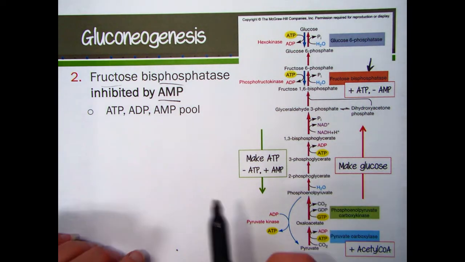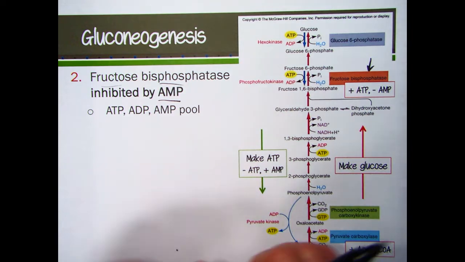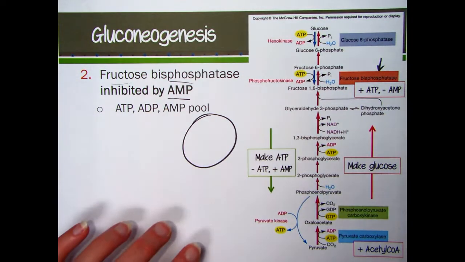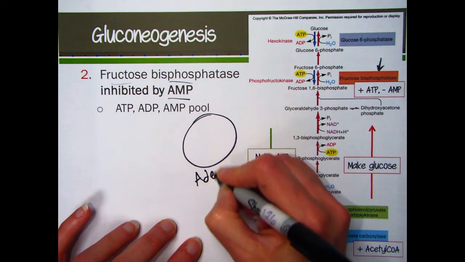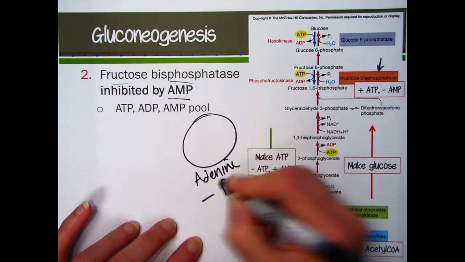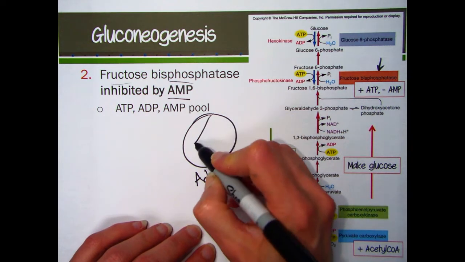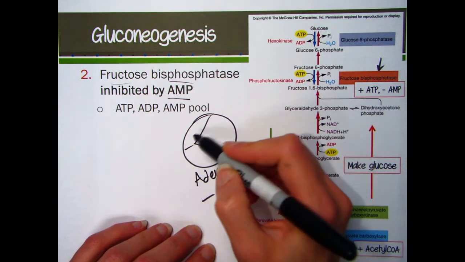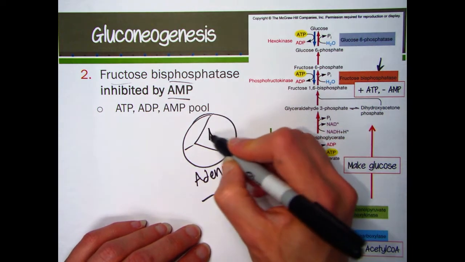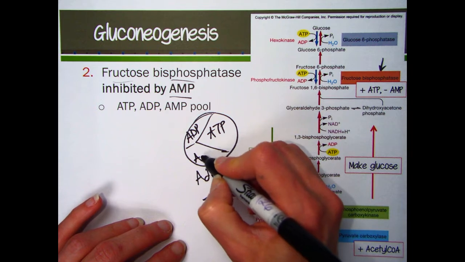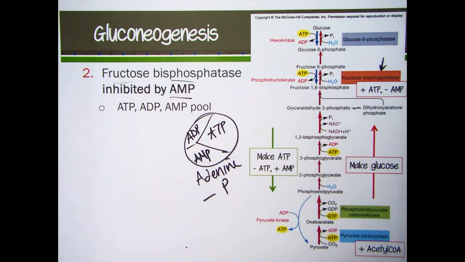Okay, so you have all of the adenine phosphates in the cell. Right? So the more of this is ATP, the less is going to be ADP and AMP, because there's the total amount, and if one section is bigger, then the other sections are smaller.